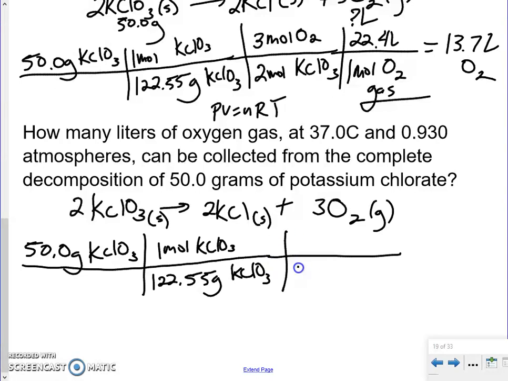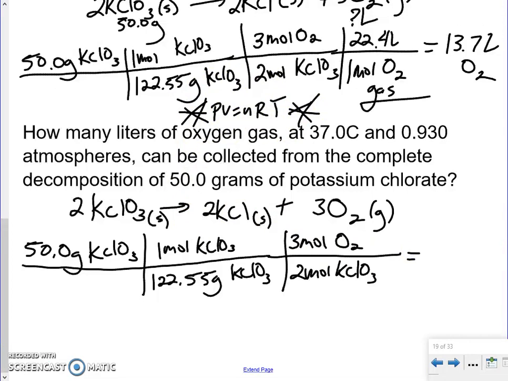And now we have 2 moles of KClO3 for every 3 moles of oxygen. Now, we're wanting liters. We're not at STP, so we're going to have to use the ideal gas law in this situation, which means what do I actually want from my train tracks? Do I really want to keep going into grams? No, because grams is not in my equation. I actually want to stop at moles right here.